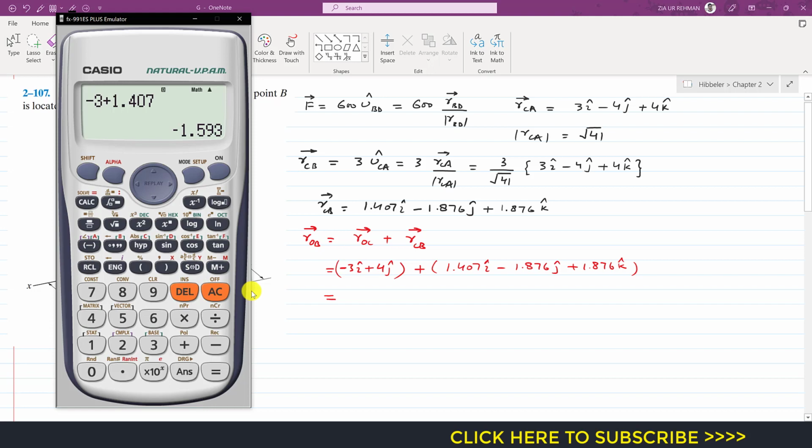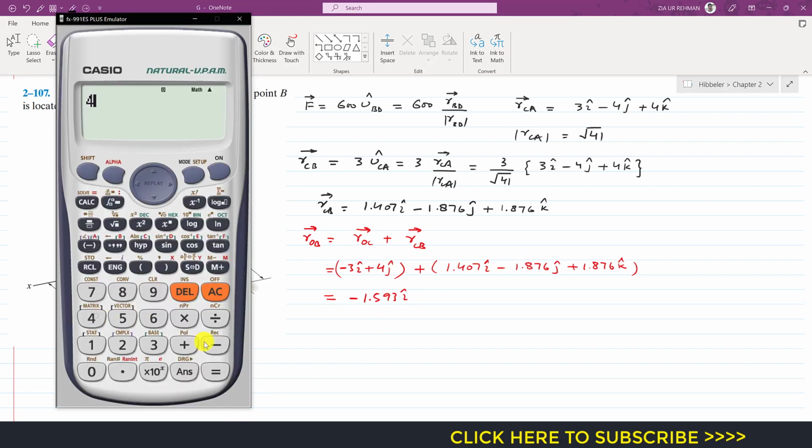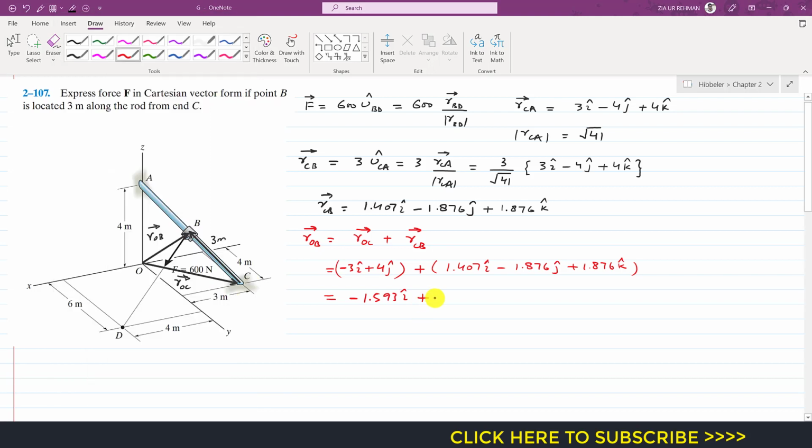So this is minus 1.593 I, and then 4 minus 1.876. This is 2.124 J, and then here we have a 0 K term, right? So we will write it as 1.876 K. This is our ROB position vector, the position vector from O to B.